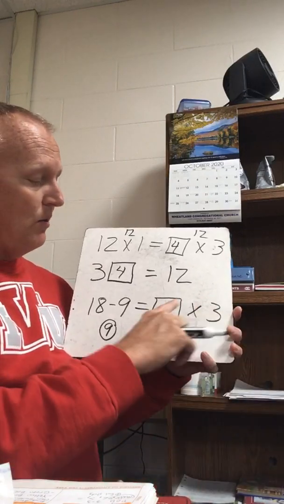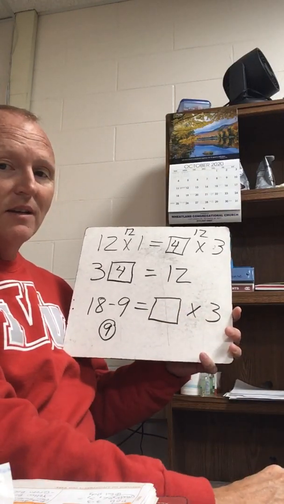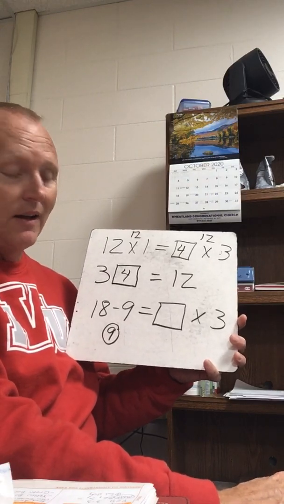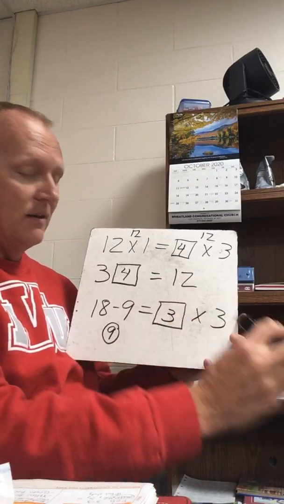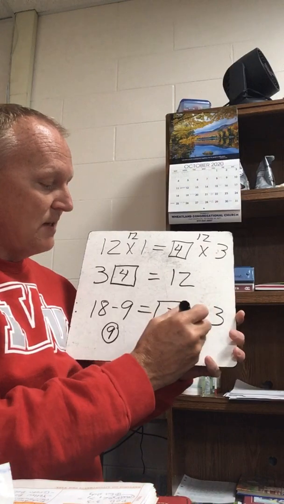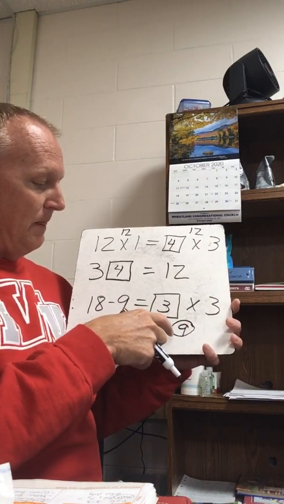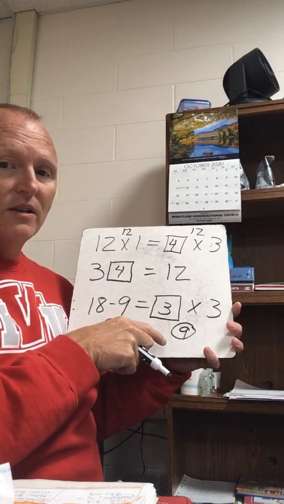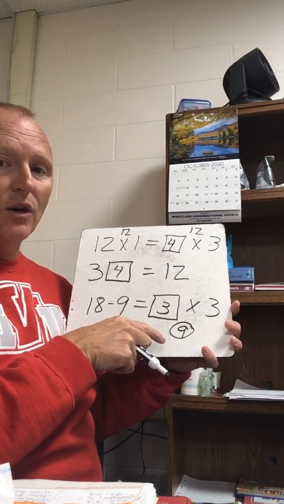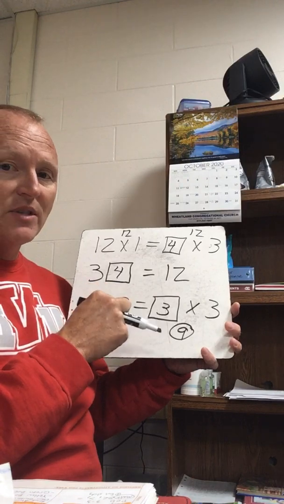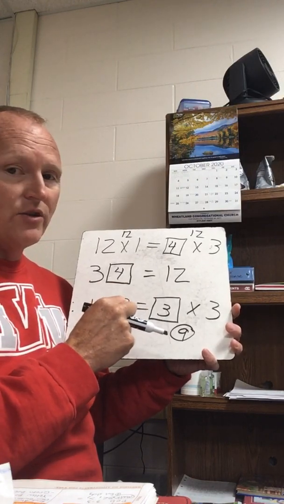What do I multiply times 3 to get 9? Well, we just went over that. 3 times 3 equals 9. So now it's perfectly balanced. This side is equal to this side, so therefore we call it an equation. We turned this number sentence into an equation.